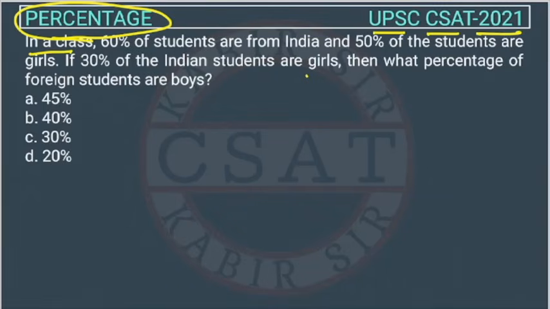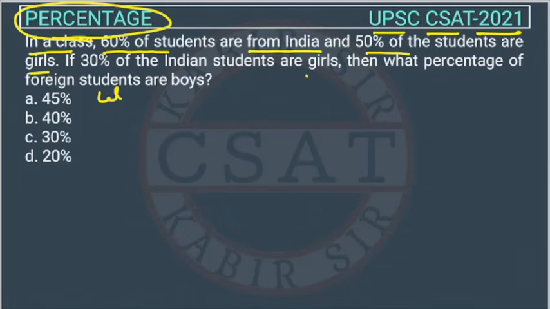So this is a question of percentage asked by UPSC in the CSAT paper of 2021. In a class, 60% of the students are from India. 50% of the students are girls, right? As you know, whenever we do a percentage question, it's easy to consider the figure as 100.